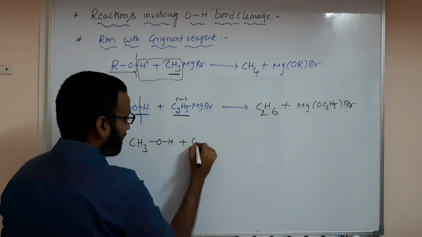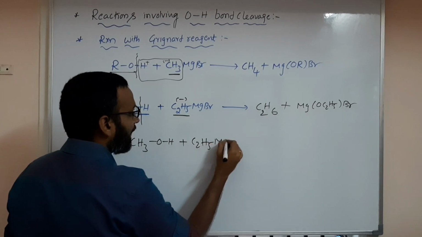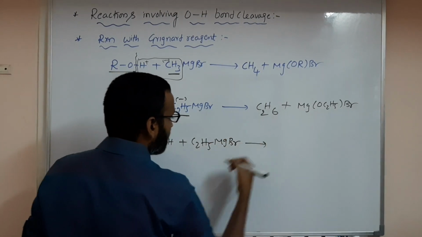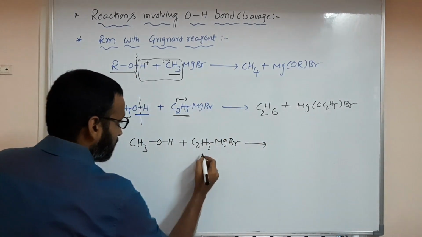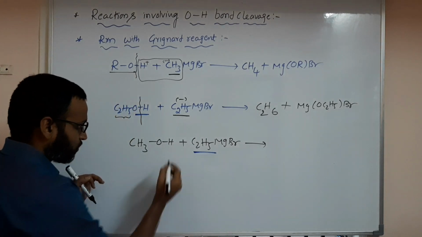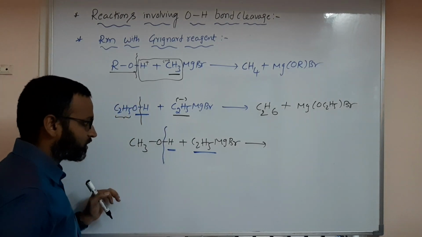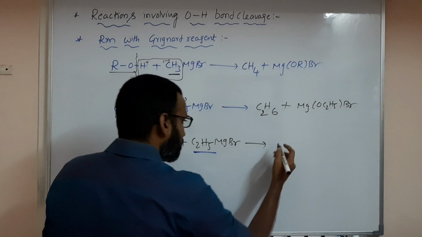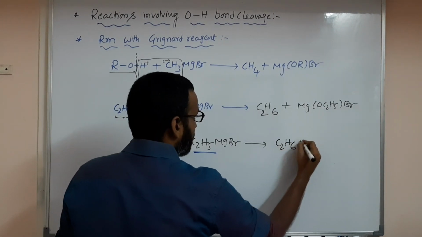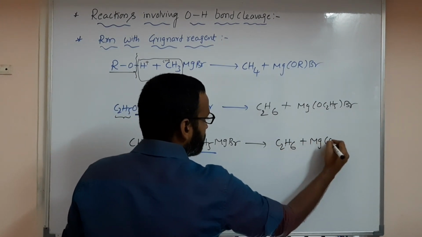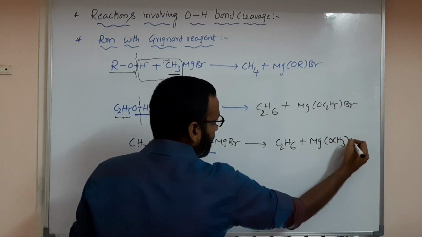Sir, if I take methanol, what happens? CH3OH, when it reacts with C2H5MgBr, same story. Here you have ethyl, so this bond will break. Here you have hydrogen. So here also you have C2H6, and here MgOCH3 and Br.